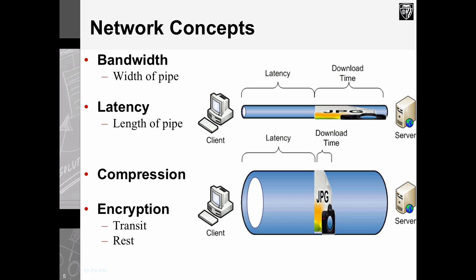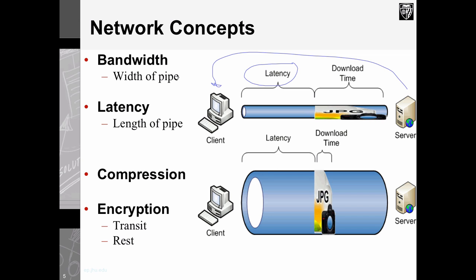The latency is determined by the distance between point A and point B and some of the characteristics of that network. In other words, your traffic might be going through multiple hops, like different routers, different switches, different providers. So if you want to transfer a file from the server to the client, it might be going through multiple hops, and that determines the latency of your network, and that cannot be changed no matter how big your pipe gets.